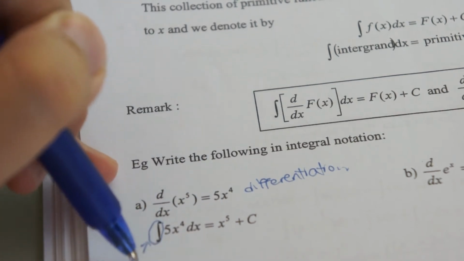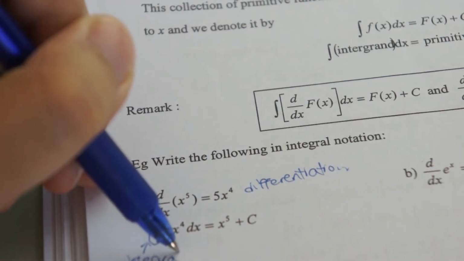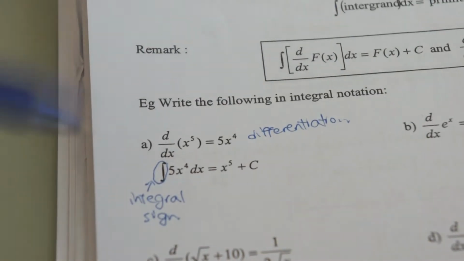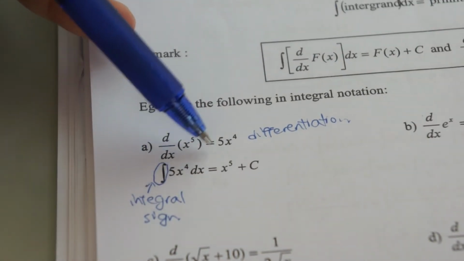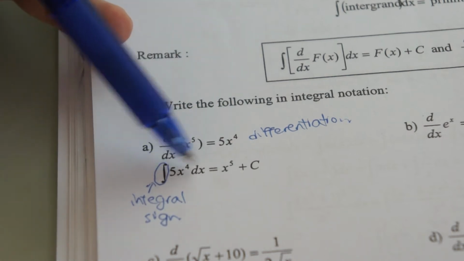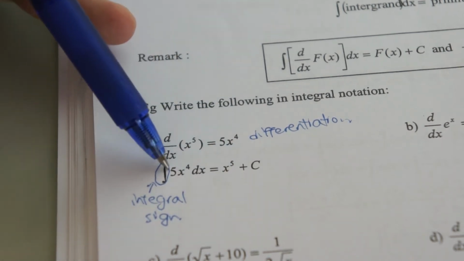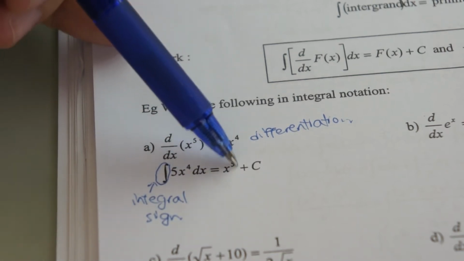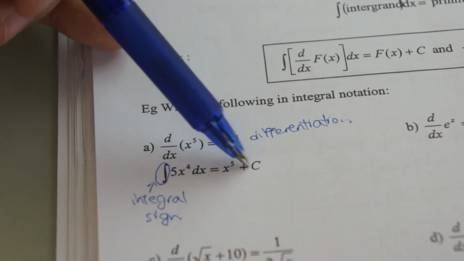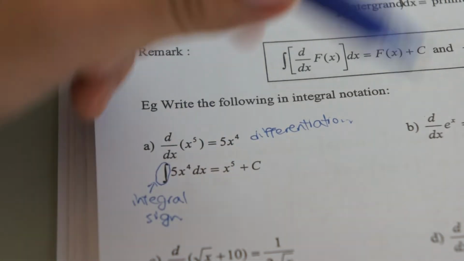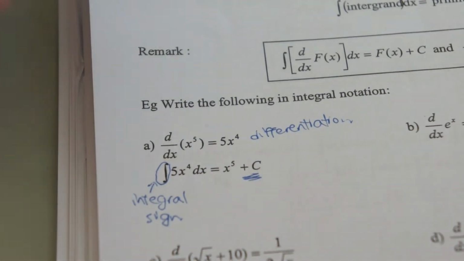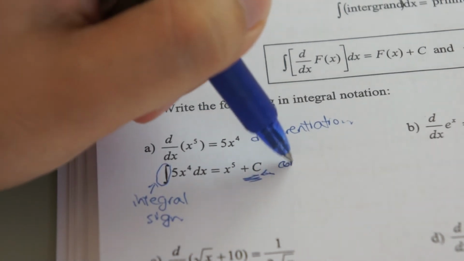This is the integral sign. So we have 5x to the power 4, and if we do the reverse, you write the integral sign in front and dx at the back. Okay, so the answer will be x to the power 5. But please make sure that in the first part, we have to add plus c. What it means, the plus c, is that we have a plus constant.